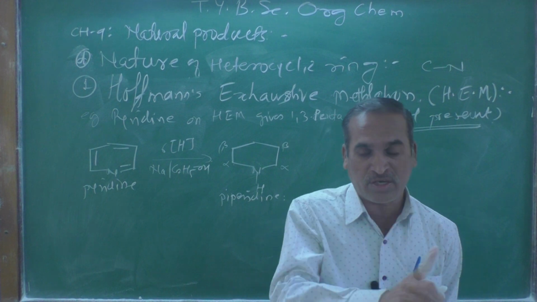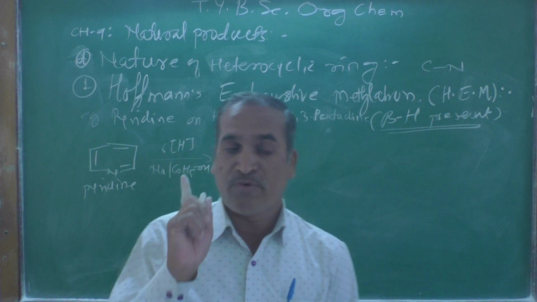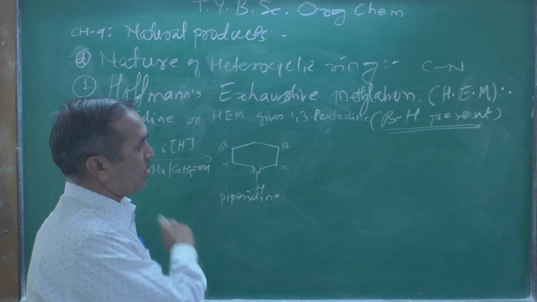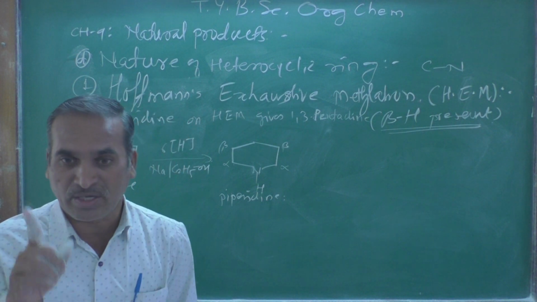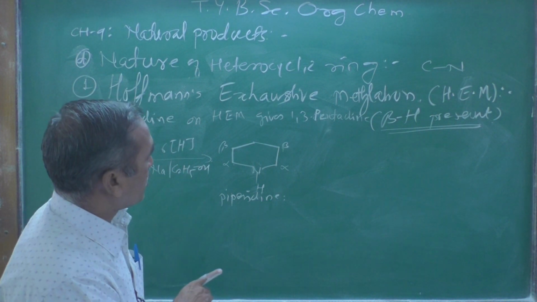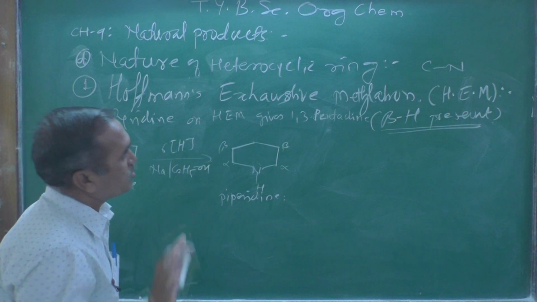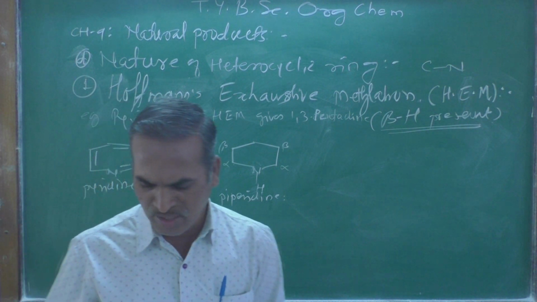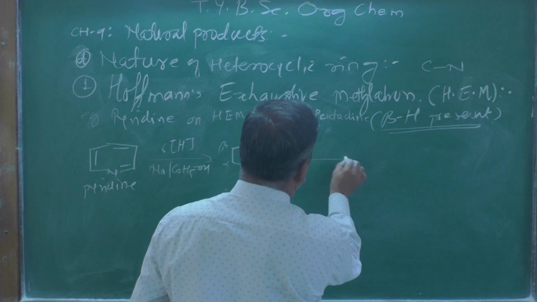What is the essential condition for the Hofmann exhaustive methylation? Find out whether the beta hydrogen atom is present or not. Yes, in this case a beta hydrogen atom is present, and therefore this reaction will proceed, the Hofmann exhaustive methylation will take place, and now this compound is treated.